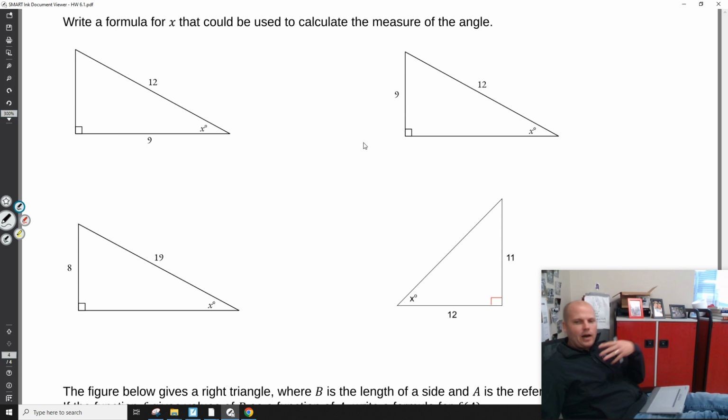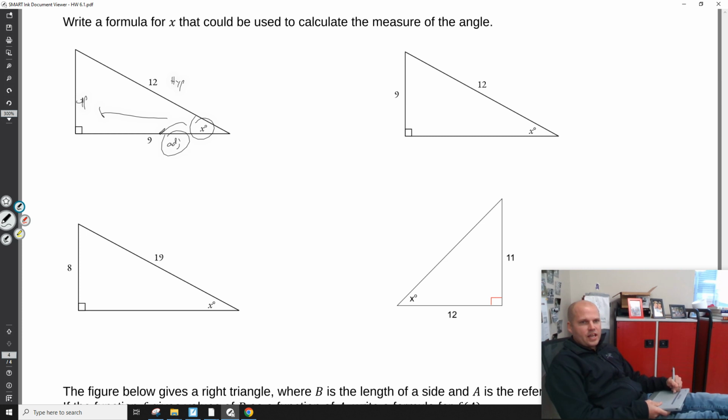Now we get to, well, how could we find angles if we have lengths? Right now, we're not going to worry about why or how, and we're not going to get the value, but we just have to know that it exists. Let's look at this situation. I have this angle x, and I have the adjacent side and the hypotenuse. I probably should have done a better job on the first page, making sure you understand where your angle is, what is opposite, what is adjacent, what is hypotenuse.